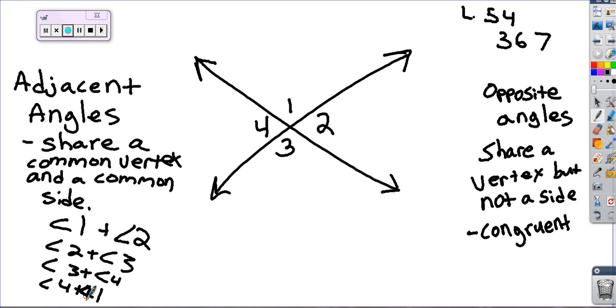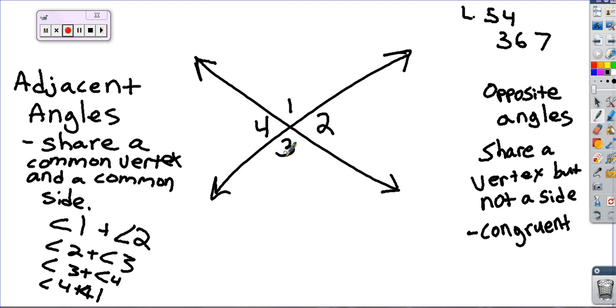And we could say that the other way around too. But just so you know, those are the ones that share a common side. They're right next to each other. If you pretend one of those lines isn't there, you can see that these two are on the same side. You can see these two are on the same side, and so on.